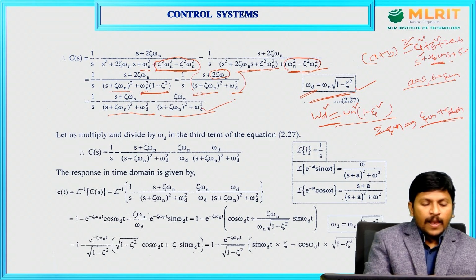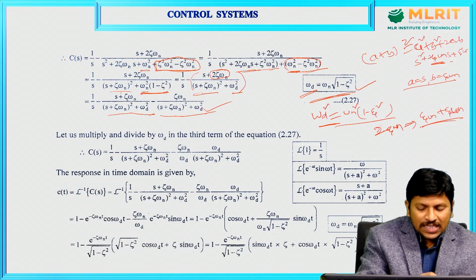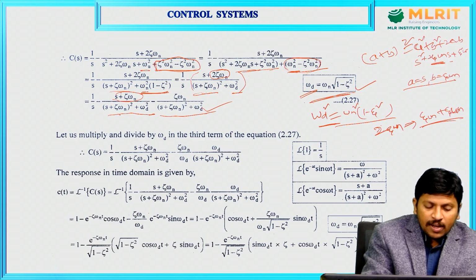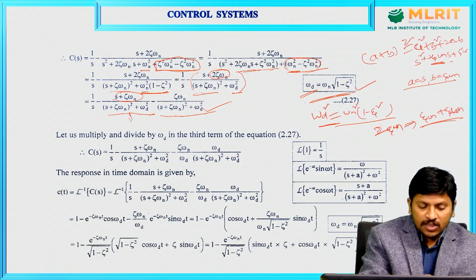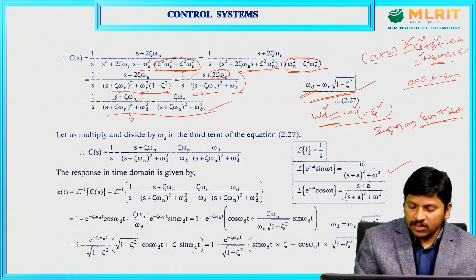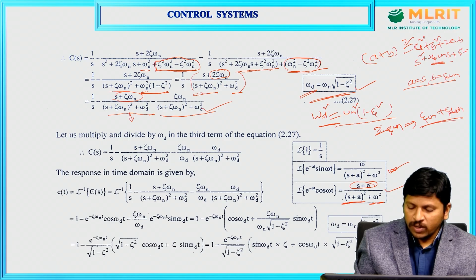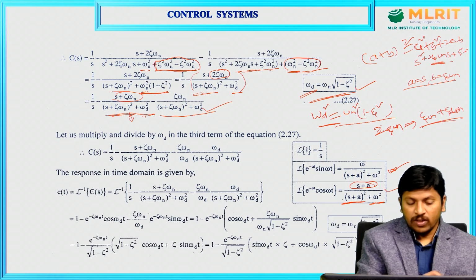Let us observe, this is in the form of s plus a divided by s plus a whole square plus omega square. This is the form of the formula.